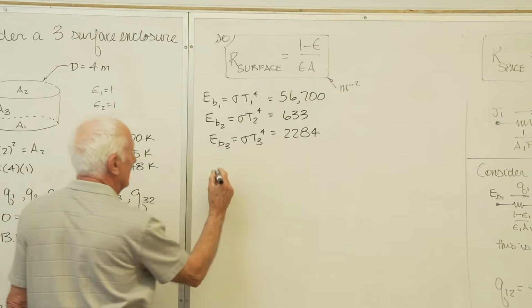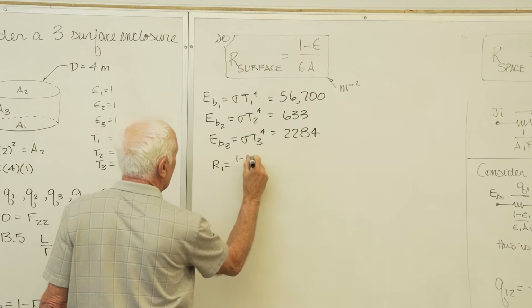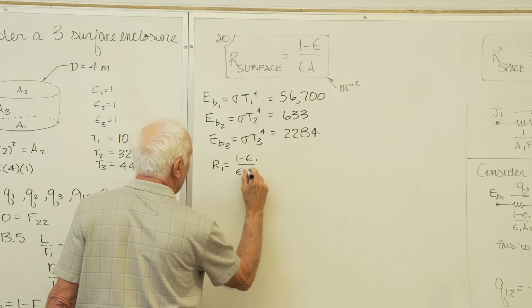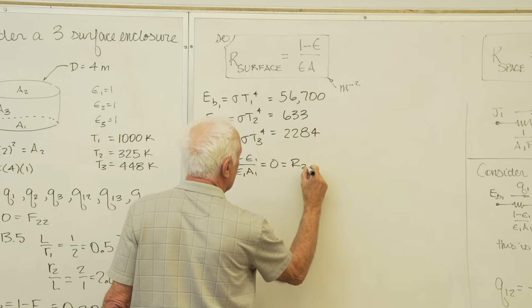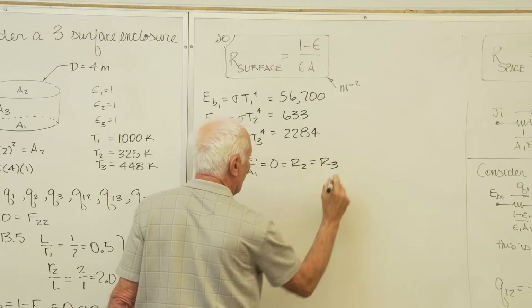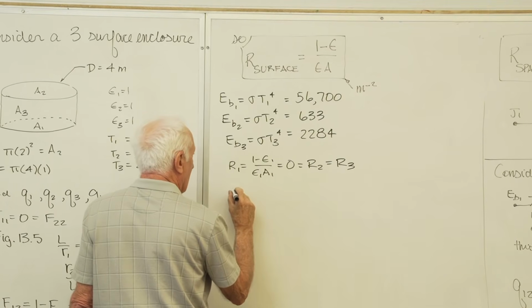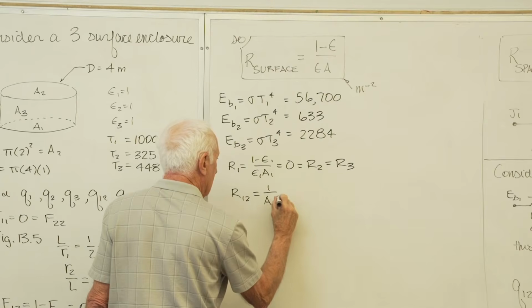All right, let's get R1: 1 minus epsilon 1 over epsilon 1 A1, 0. That's R2, that's R3. So we know all the surface resistances are 0. Okay, R12 equals 1 over A1 F12.